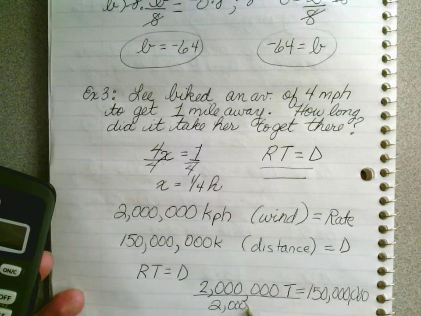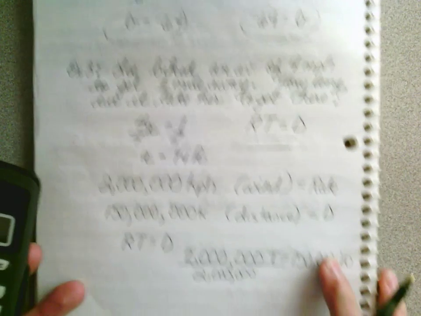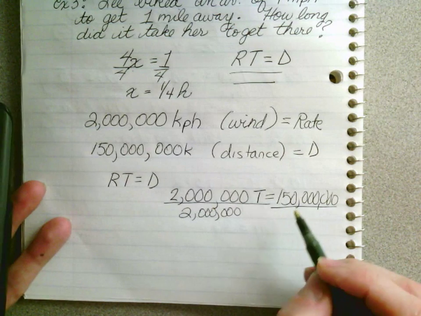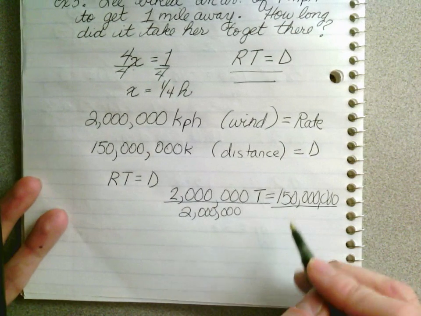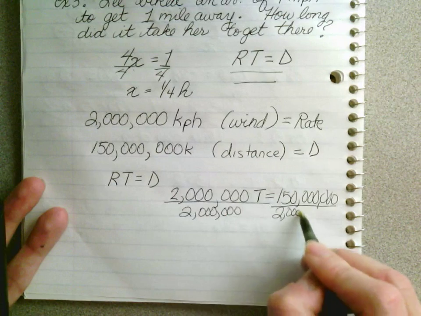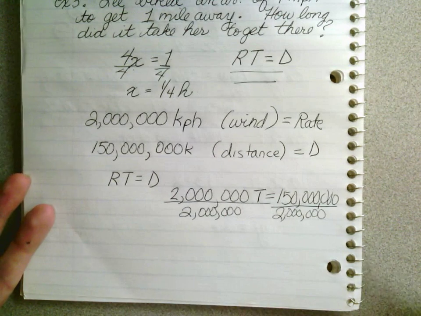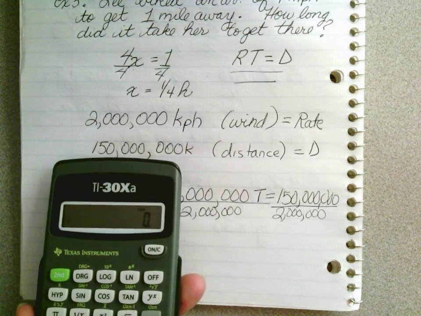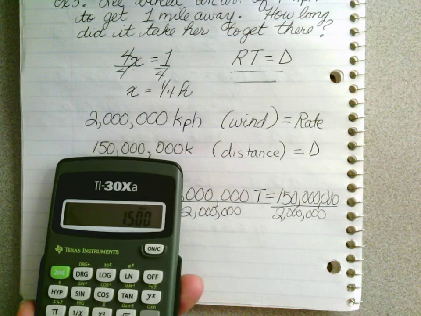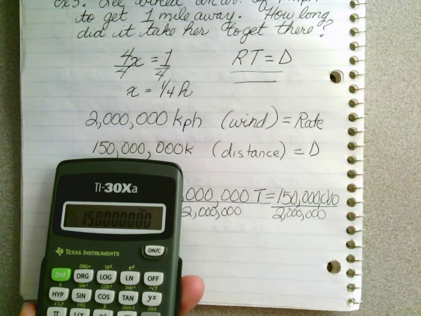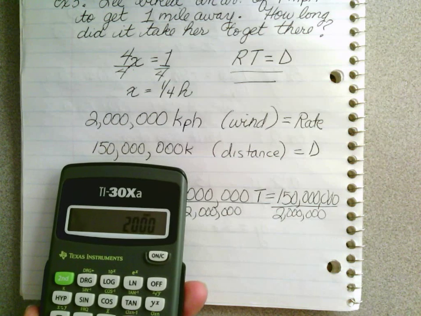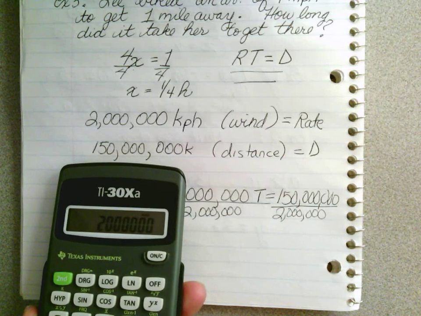Divide by 2 million, and this is in your book in case you can't see mine real well. Example 3 at the bottom of page 98. So if I take the calculator that I just stole from Zoe, 150 million divided by 2 million kilometers.